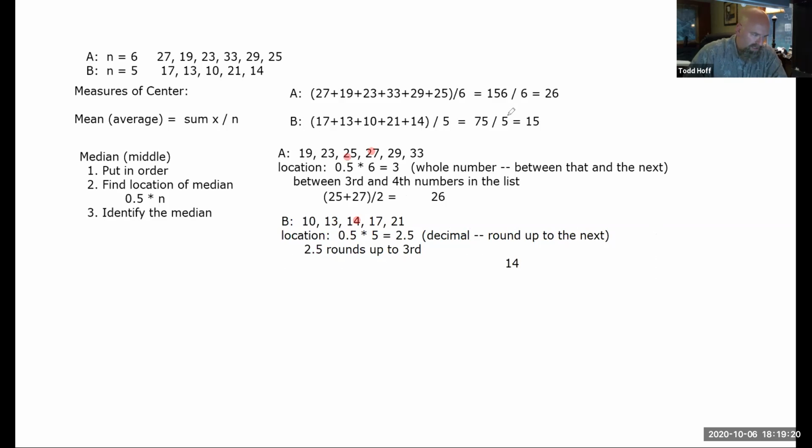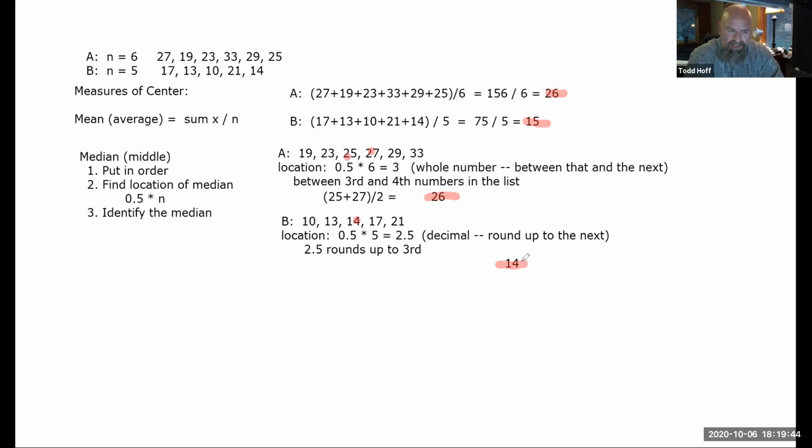Now you'll notice set A had a mean of 26 and a median of 26. The exact same number. That's a pretty good sign if we get the same number for different measures of center. That means that data has a good chance of being normally distributed. Set B, we've got a mean of 15 and a median of 14. They're not exactly the same, but they are close.